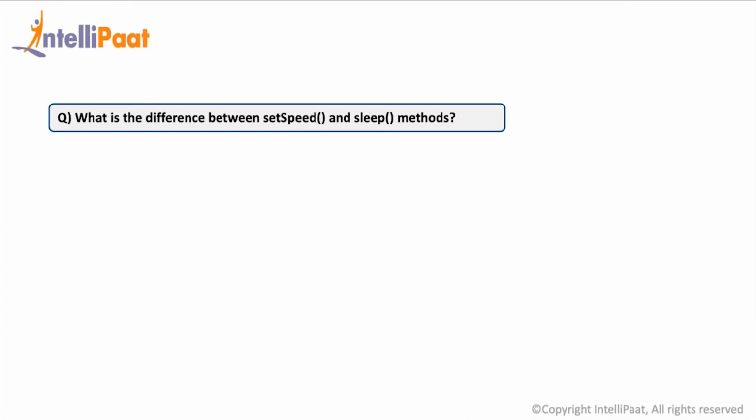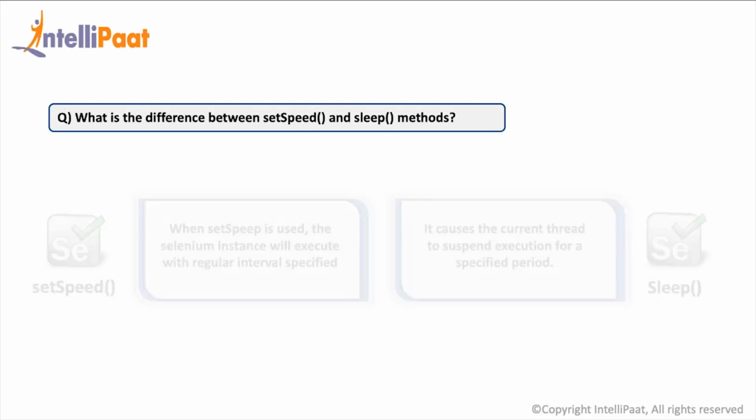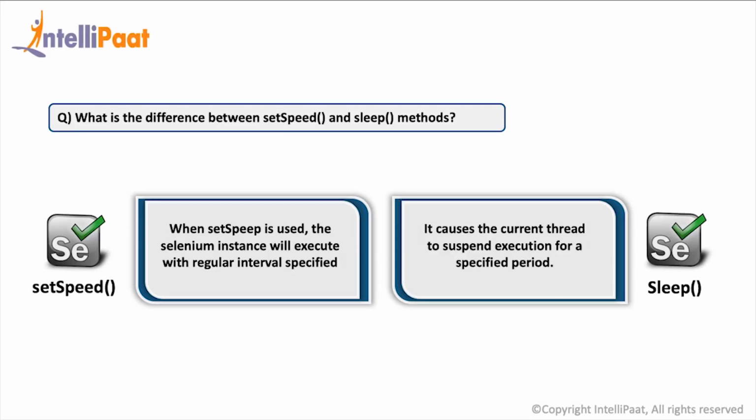All right. So our next question is, what is the difference between set speed and sleep methods? Set speed is basically used for executing tasks at a particular interval that we specify. For example, say I want to echo hello world at intervals of 5 seconds. In that case, I can specify it using set speed. But the sleep method suspends the execution of the whole program for a particular interval.